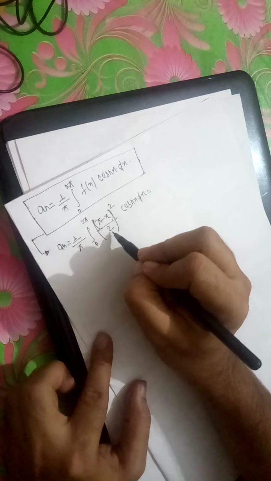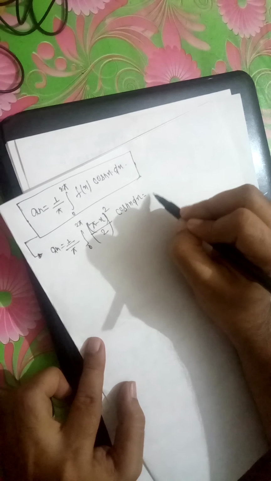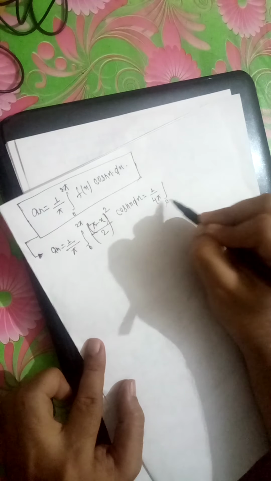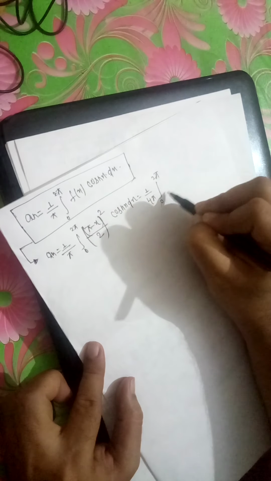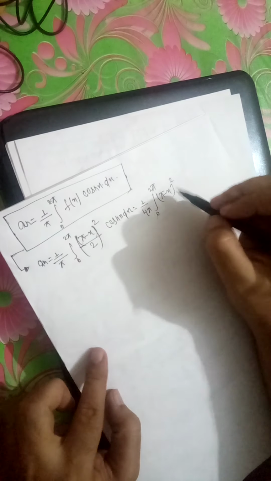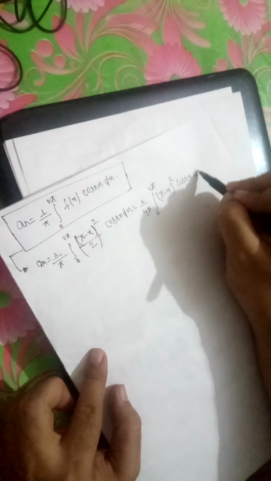We will take the 2 whole square, 4, so we can write it as 1 upon 4 pi times of 0 to 2 pi times of pi minus x whole square times of cos nx into dx.